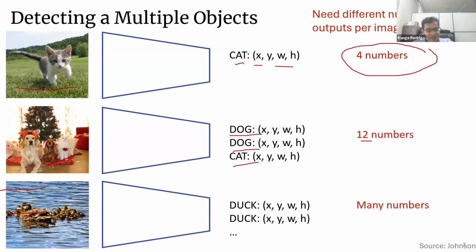But if you take this image, there's so many ducks, the small ducks and the big ducks, duck, duck, duck, and so on. For each of them, we have to predict the bounding box. So you see, the number of outputs that the network should have is not defined. It changes depending on the image. And this kind of thing we cannot do. Need different number of outputs per image. This is a problem if we adapt this paradigm for object detection.